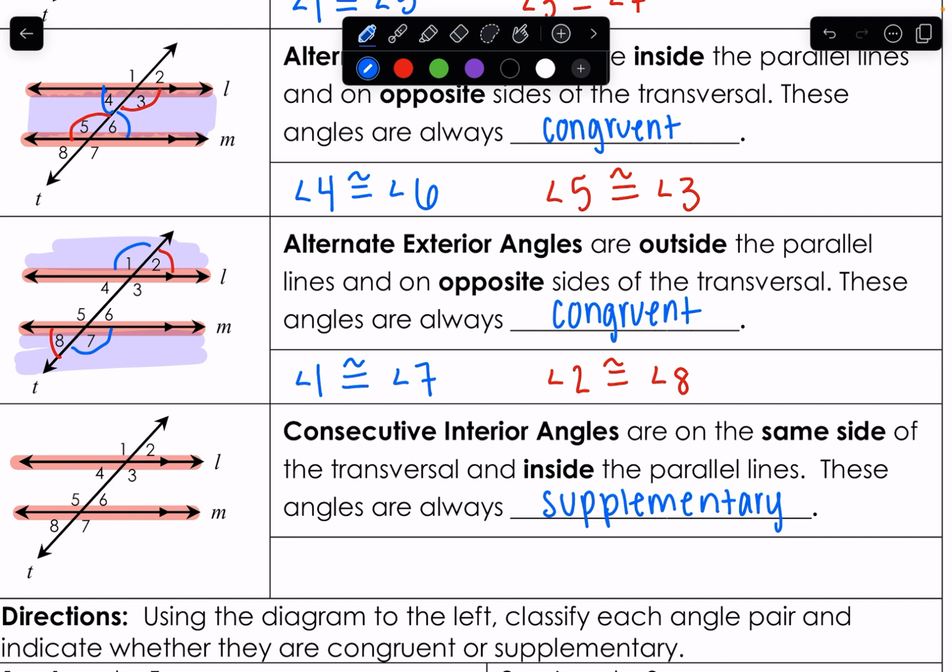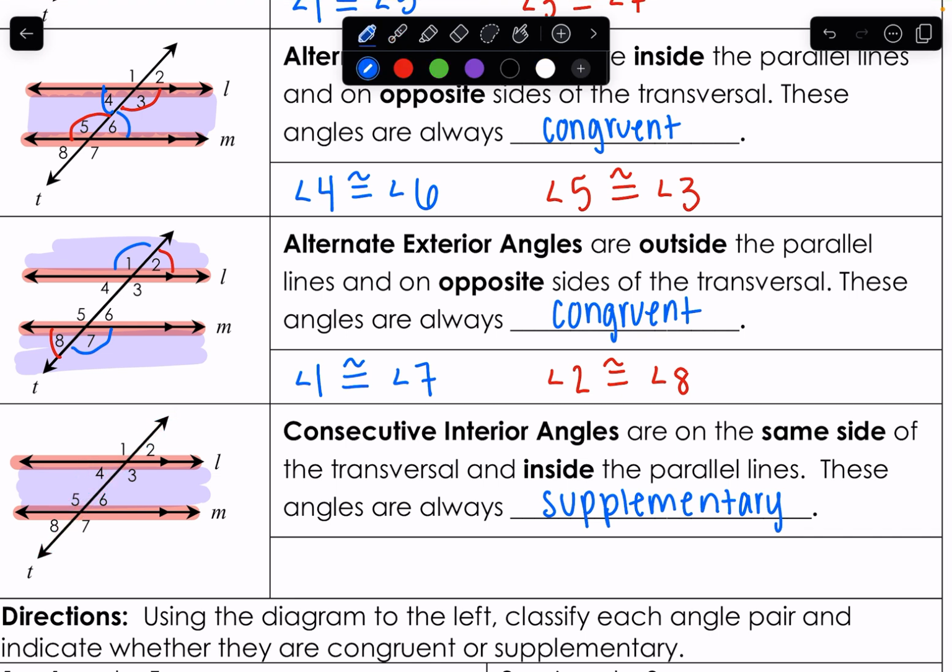All right, it says same side of the transversal and inside the parallel lines. I'm going to highlight the inside of the parallel lines, and again, they are on the same side of the transversal. Here's my transversal, and that's going to be angle 4 and angle 5.